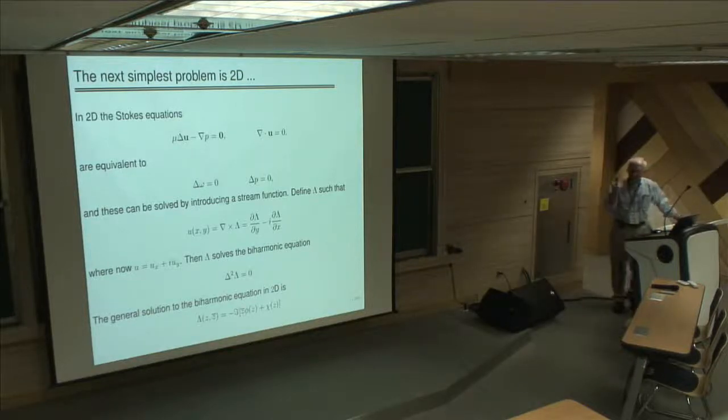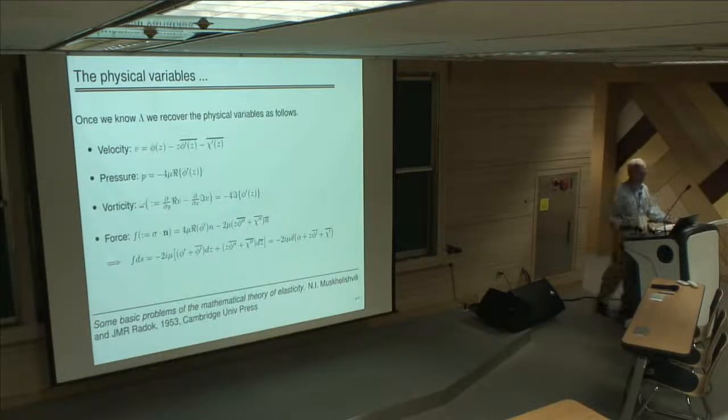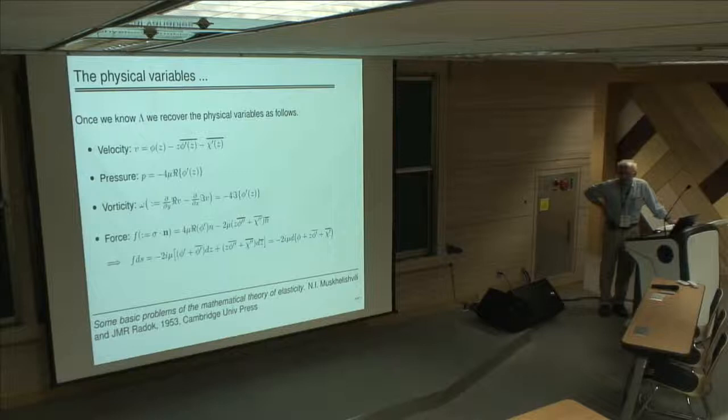Okay, so you know exactly what the structure of the solution is, and it can be written this way: the imaginary part of a function phi plus a function chi. All right, so you know what the structure is, and if we can find the functions phi and chi, then we have it. Okay? Of course, you're interested in the actual physical variables themselves, pressure, velocity, vorticity, etc., and you can get all of those from that.